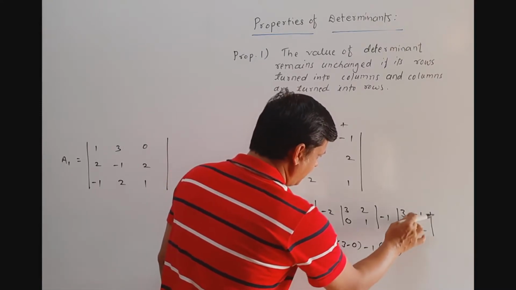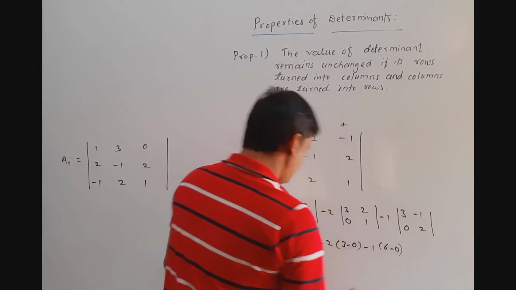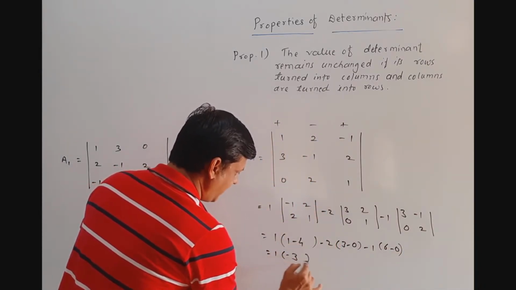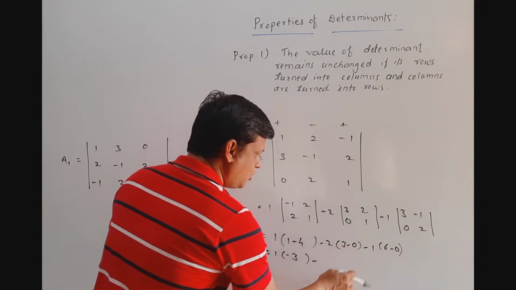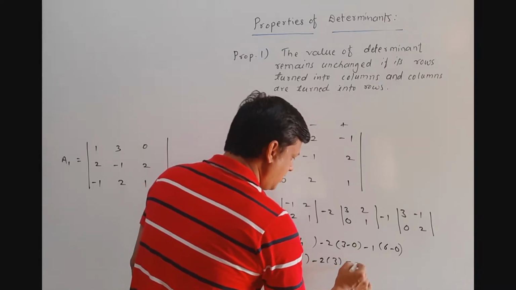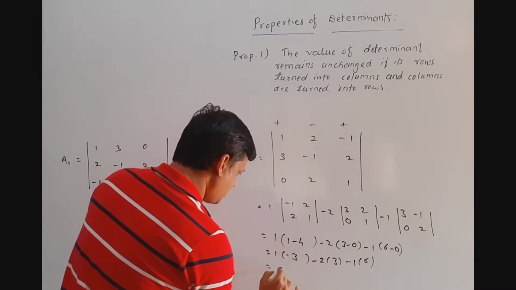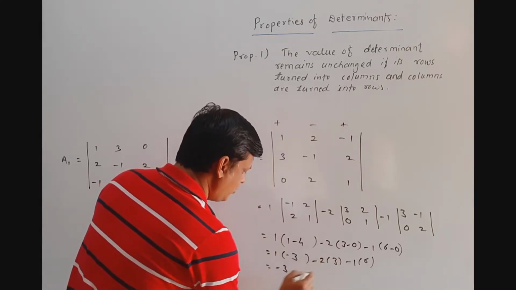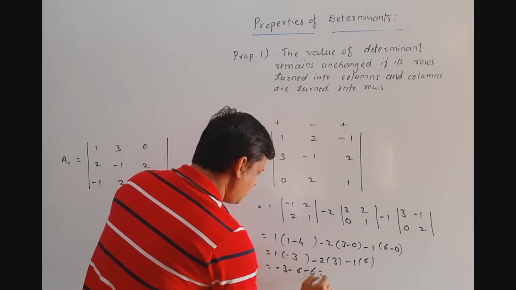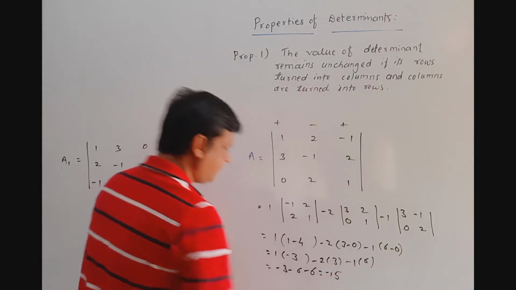Minus 1 in bracket, 3 into 2 is 6, minus 0 into minus 1 we get 0.